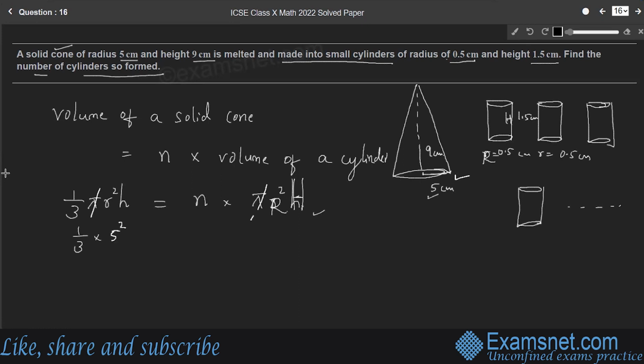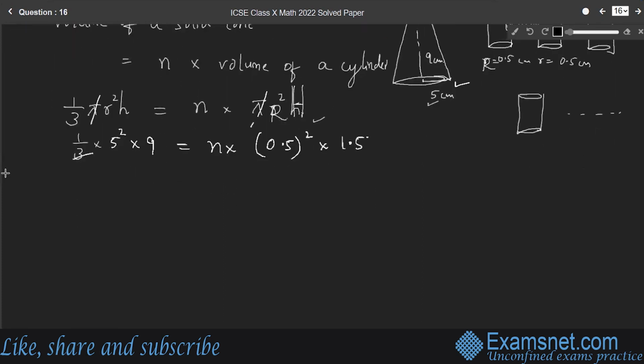So r square, the radius of the cone, is 5 square, into the height of the cone, 9 centimeter, is equal to n into the radius of the cylinder, 0.5 centimeter, into the height of the cylinder, 1.5, right? Just simplify. 3 into 3, 25 into 3, 75 is equal to n into 0.25 into 1.5.